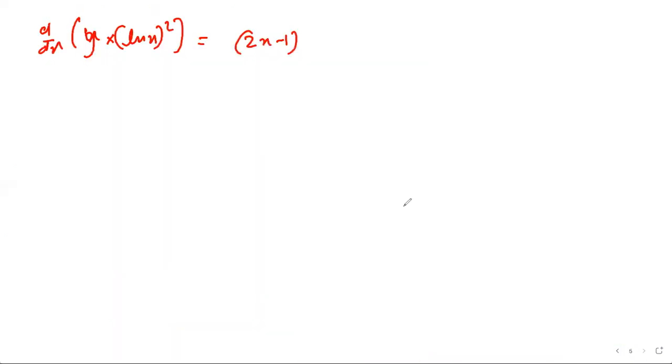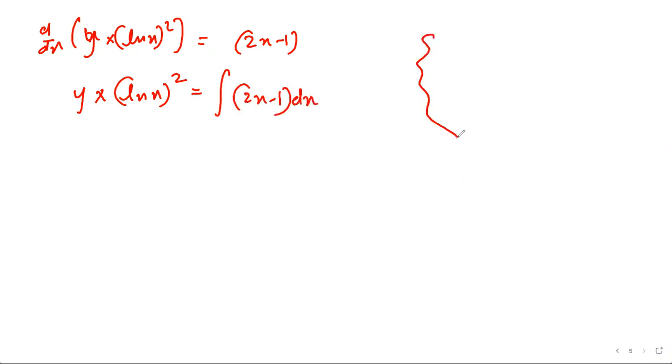Now, once you get this step, you just integrate both sides. So it'll be y ln x the whole squared equals the integration of 2x minus 1. In your mind, just remember the general solution of any linear differential equation.